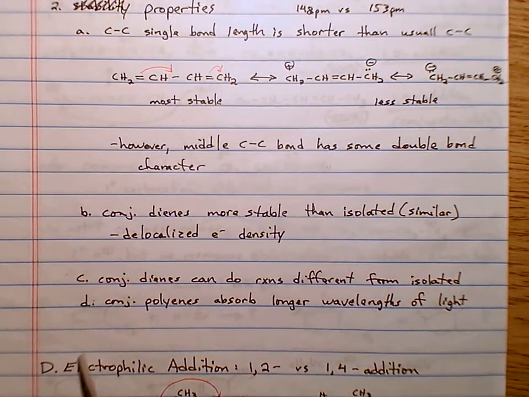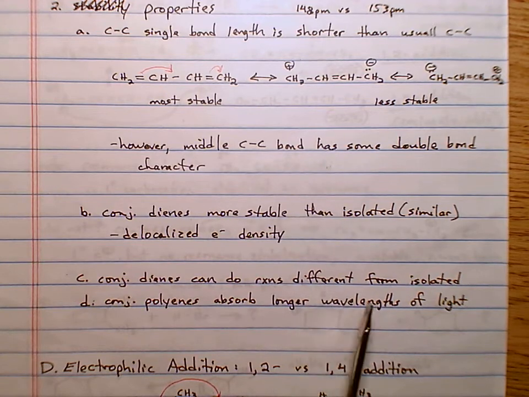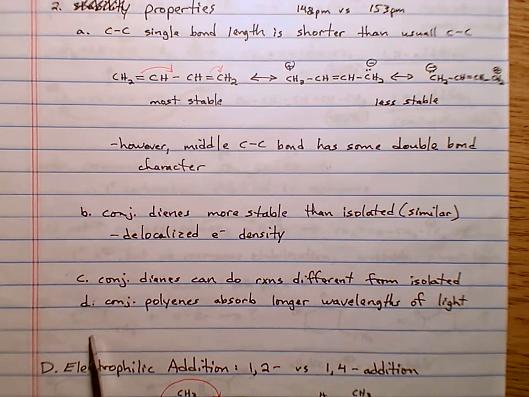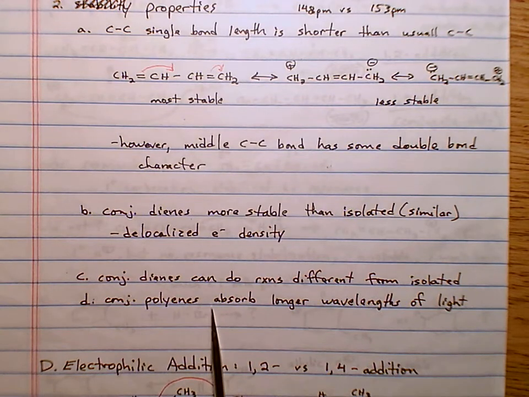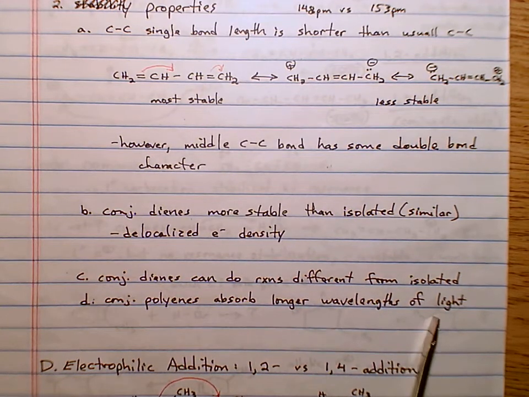Because of this, conjugated dienes can do reactions differently from isolated double bonds, isolated dienes. Also, conjugated polyenes absorb longer wavelengths of light.